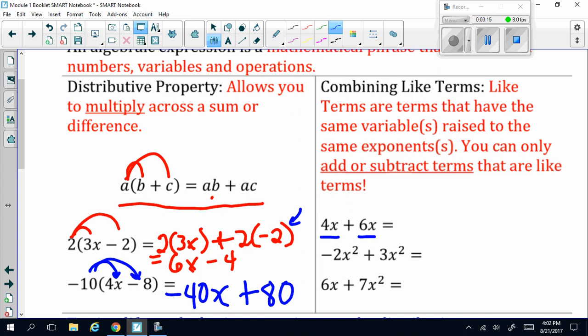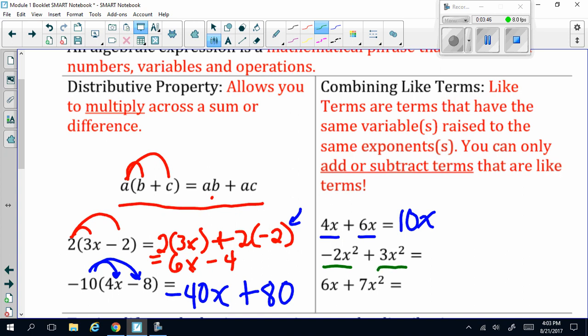So these are two terms right there, 4x plus 6x. These two are like terms because they both have an x to the first power. So I do 4 plus 6 is 10x. It's like saying 4 oranges plus 6 oranges gives me 10 oranges. My second example, negative 2x squared plus 3x squared.